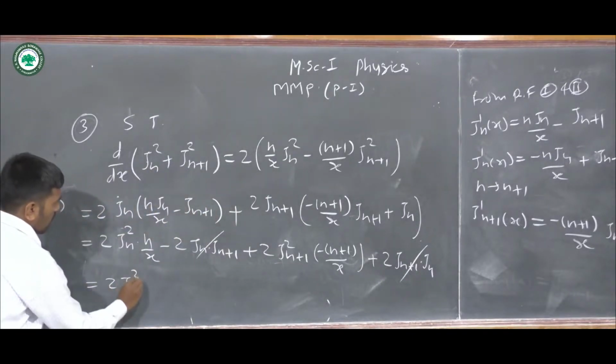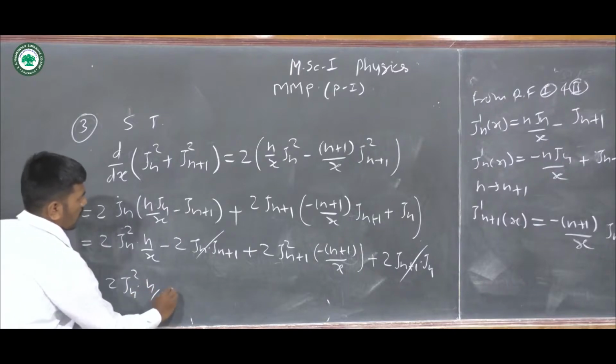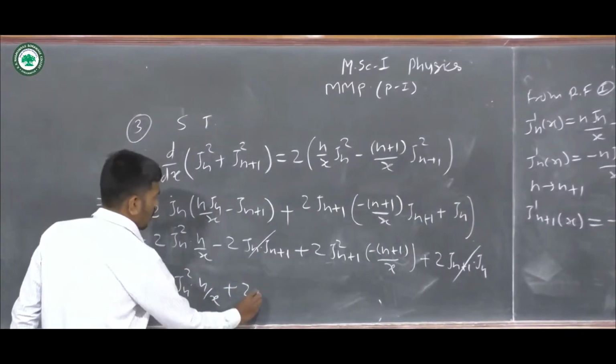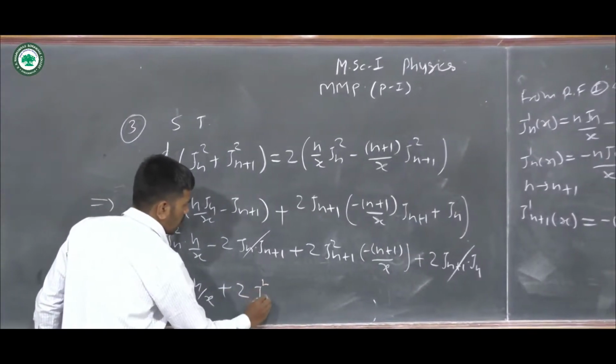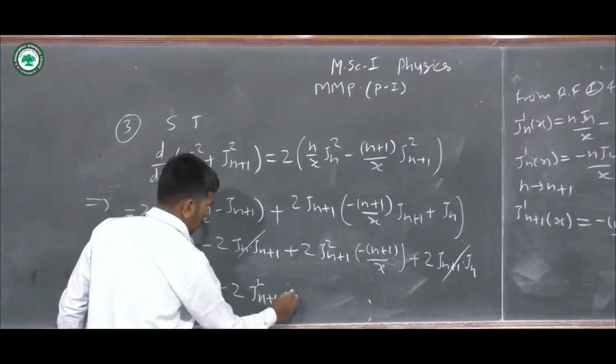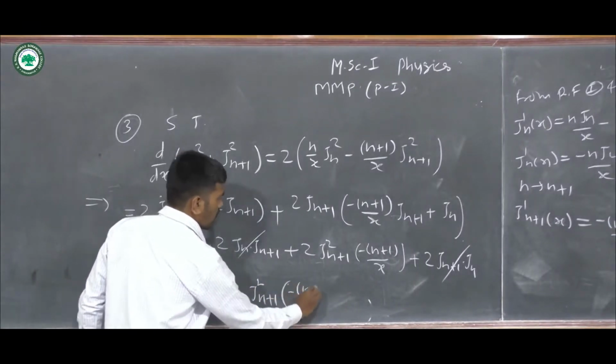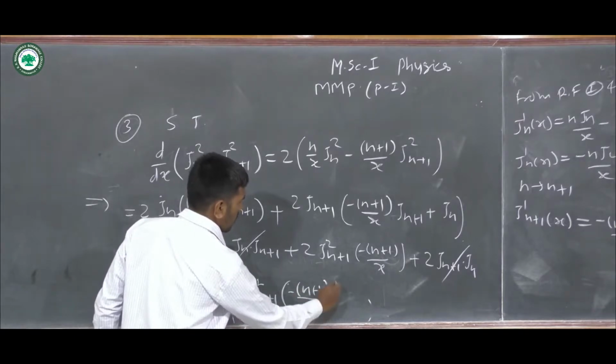You have 2 Jn square into n by x plus 2 J square n plus 1 times minus n plus 1 divided by x.